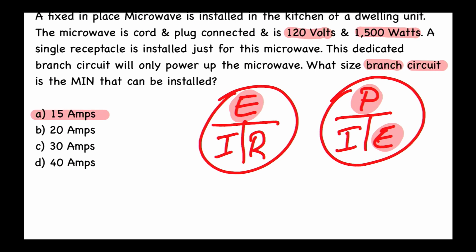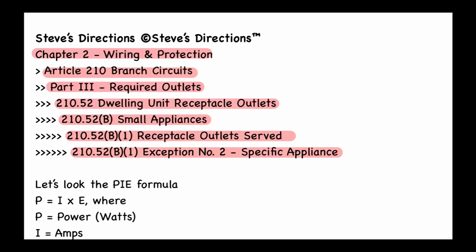I is equal to P divided by E. And once I solve I for amps, then I can go in and highlight this for Ohm's law. Now I can solve for R, which is resistance. How cool is that? All right, so let's go back into our textbook.